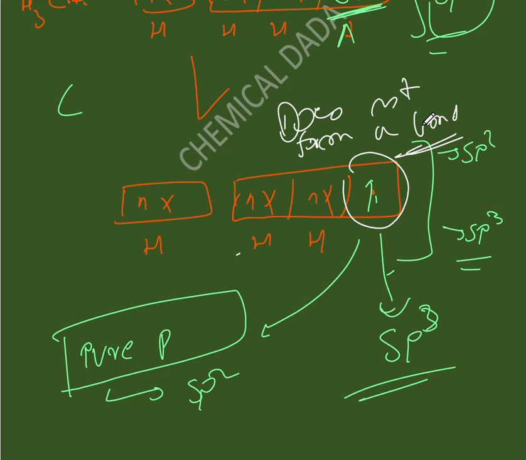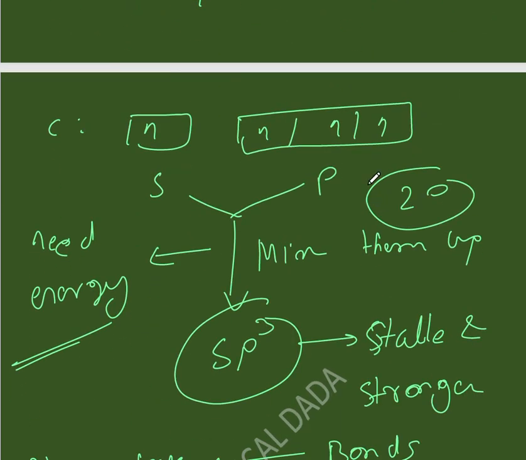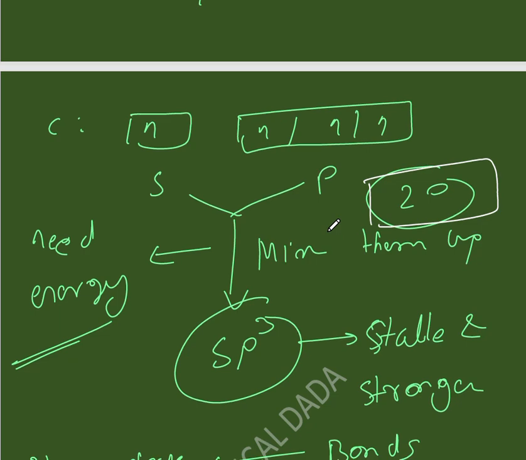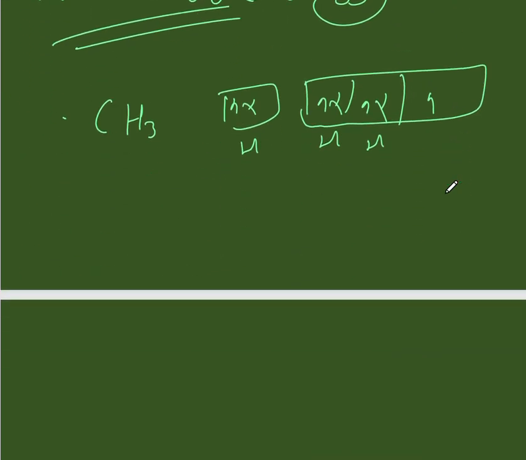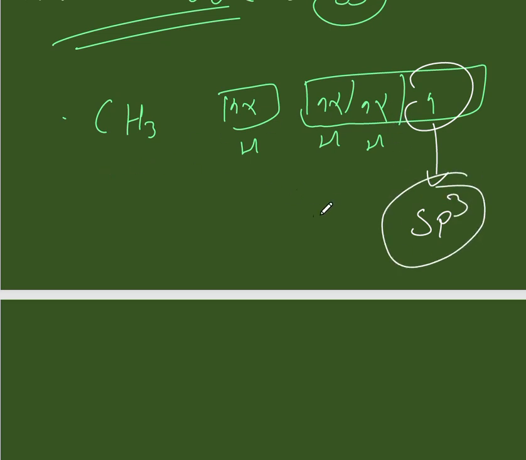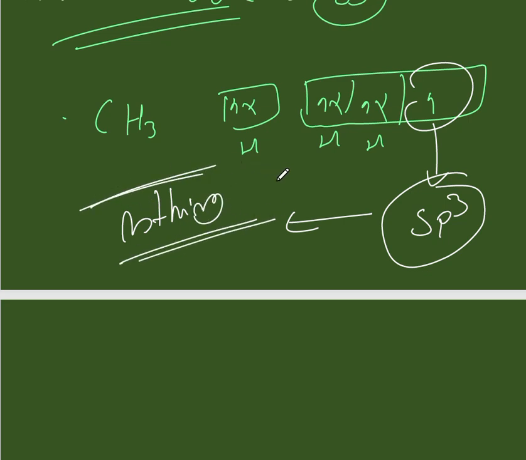So even if carbon spends say 20 units of energy to mix them up and keep this electron in an sp3 hybrid orbital, what will the carbon gain back? Nothing. It will only spend the energy to mix things up and keep it in an sp3 orbital.